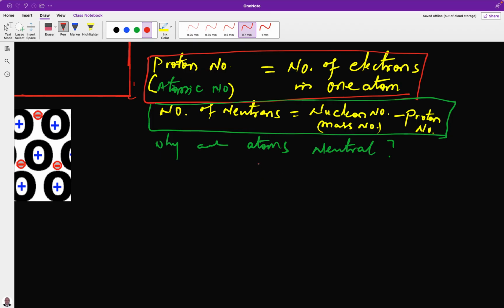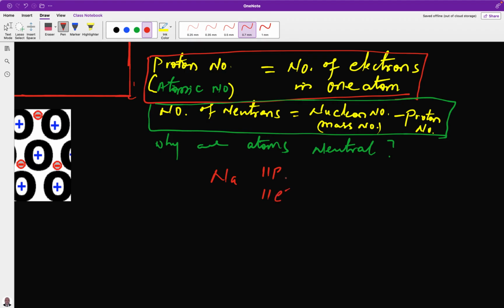Protons are positively charged, electrons are negatively charged. So if the number of electrons equals the number of protons, they cancel out each other and the atom will be neutral. For instance, sodium has 11 protons and 11 electrons.